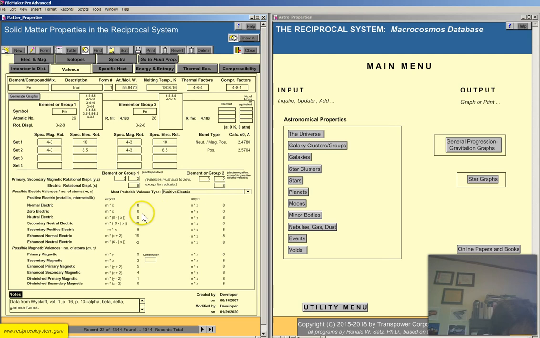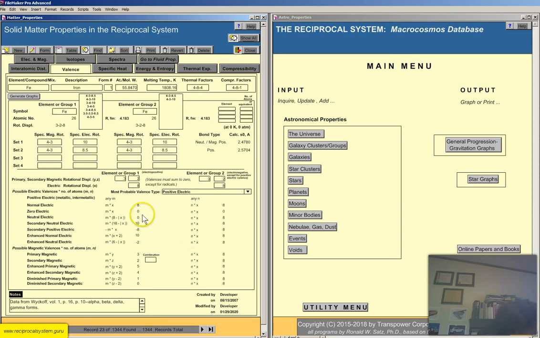So this shows you what happens here. NEN for positive electric. So this doesn't matter here. And these are a list of what it would take. This is based on the calculations here and here.